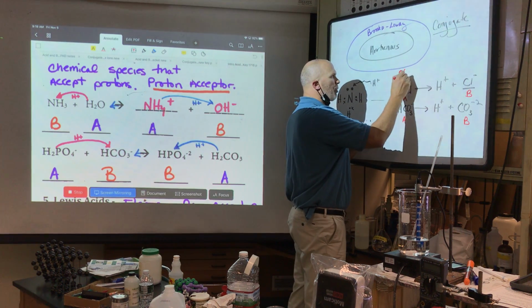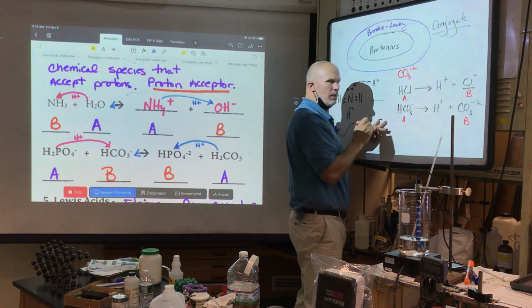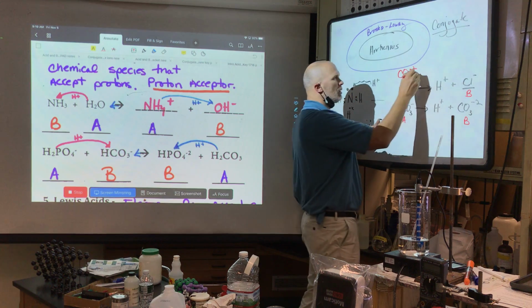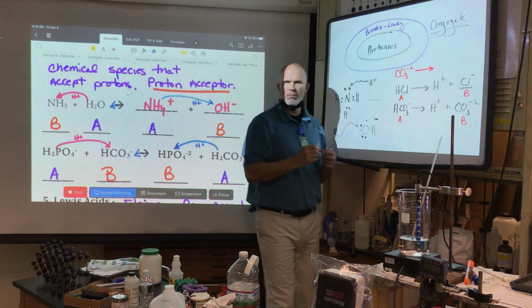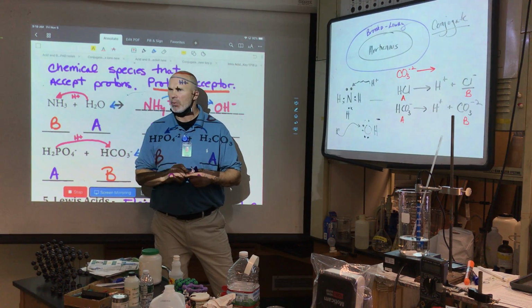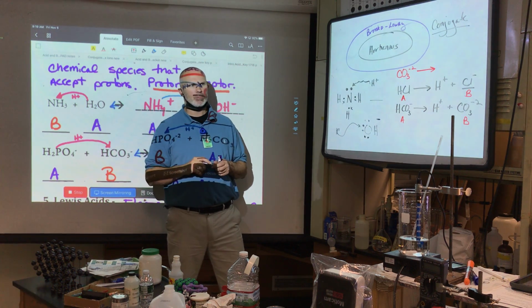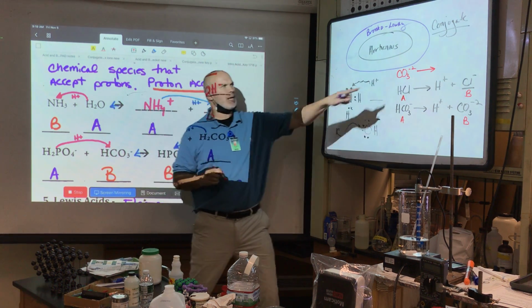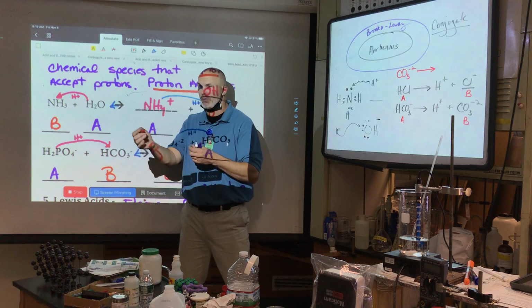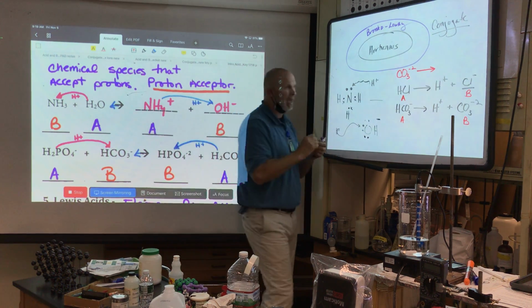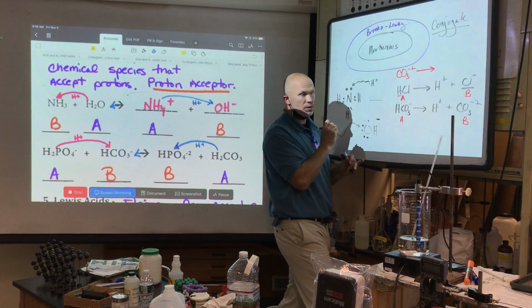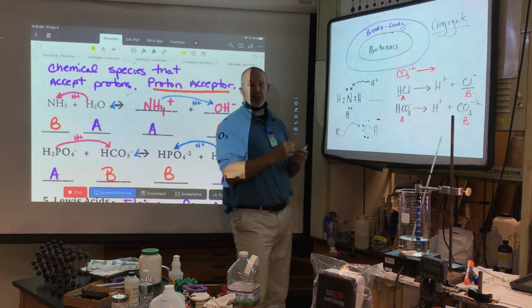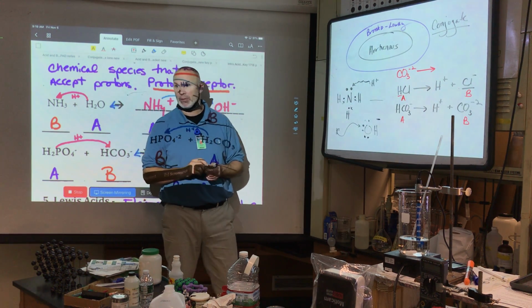If CO3 -2 is the conjugate base, what's the conjugate acid? We always change by one H plus. Well, don't acids have H pluses to give off? The acid always has one more H plus than its conjugate base. So what's the conjugate acid of CO3 -2?